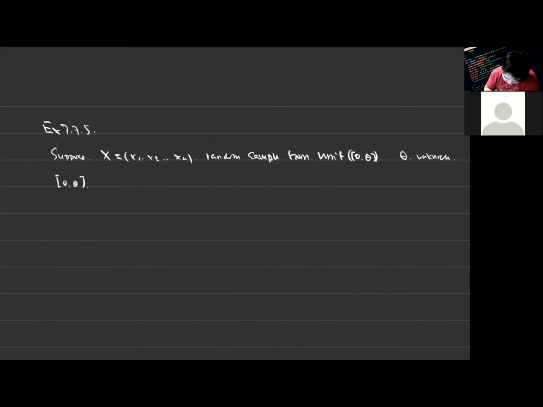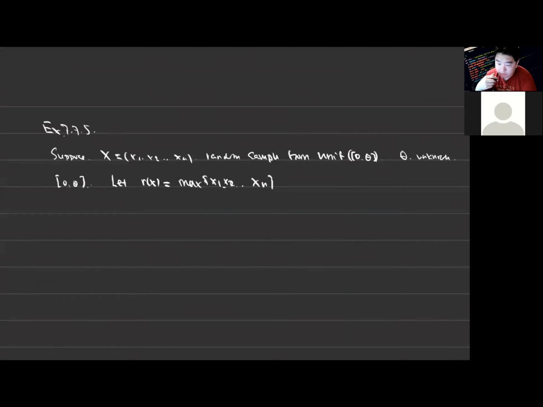And this time the problem actually does us a favor, right? It tells us to let Rx, so let's write that down. Let Rx equal to max of x1, x2, xn.